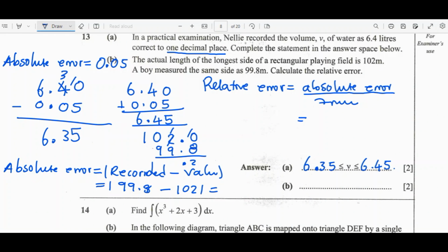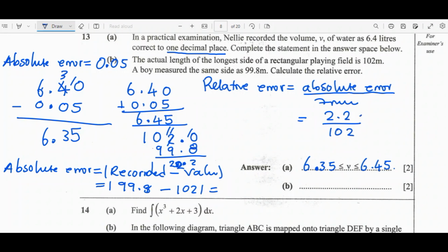So 101 minus 99, we are going to get, not 20, this should just be 2. So the absolute error is 2.2, divided by the true value, 102.